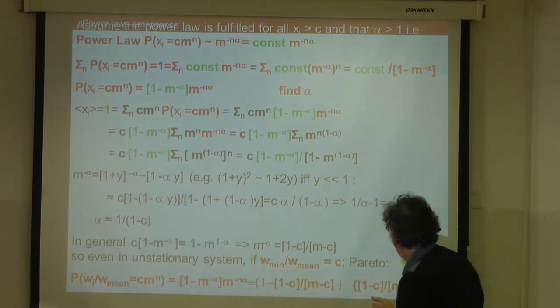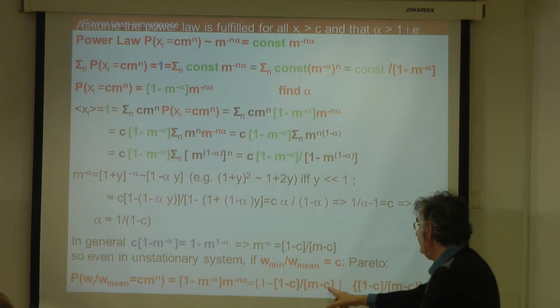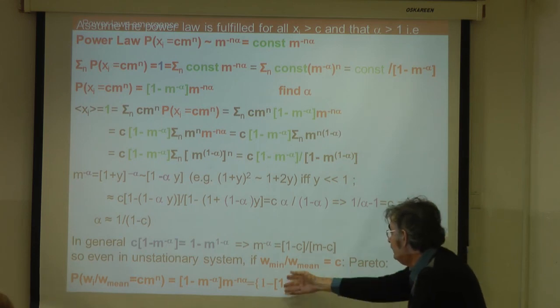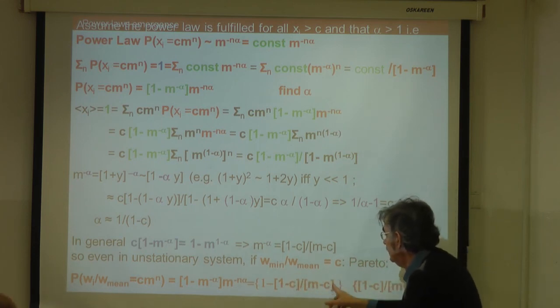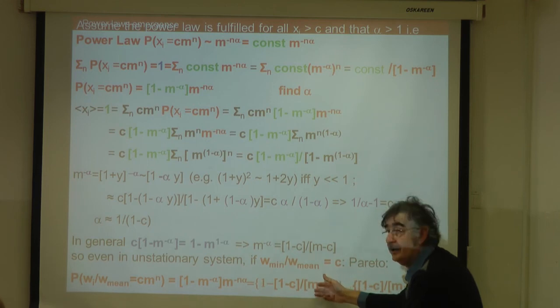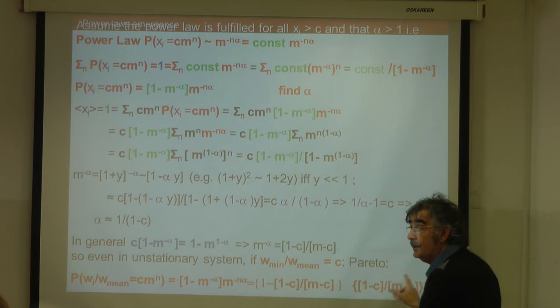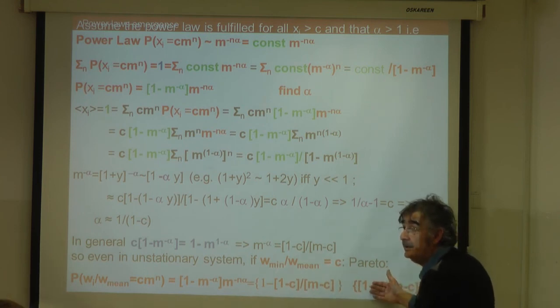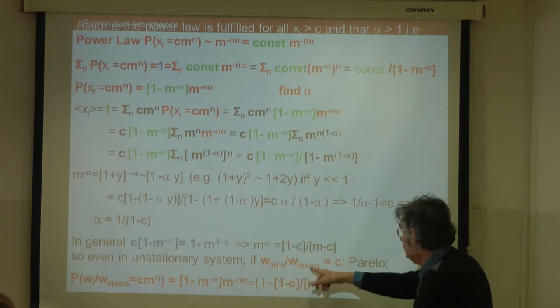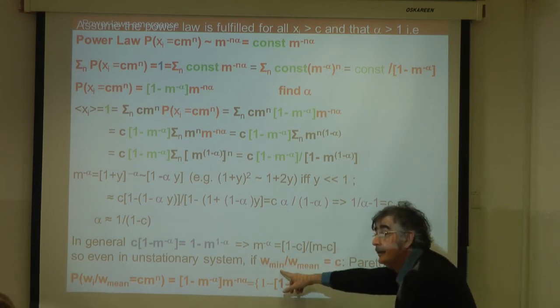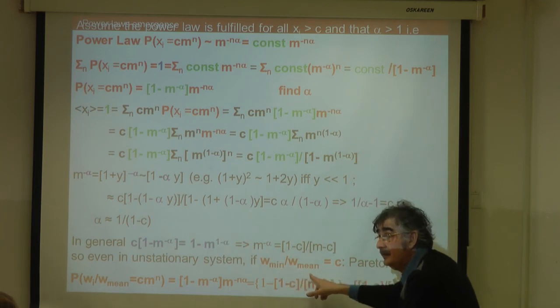is equal to this formula, which looks complicated, but it's after all just one normalization factor and something which doesn't matter how I call it, but it's to the power n. It's a power law, and it's computable by just knowing the ratio between the poverty line and the average wealth.